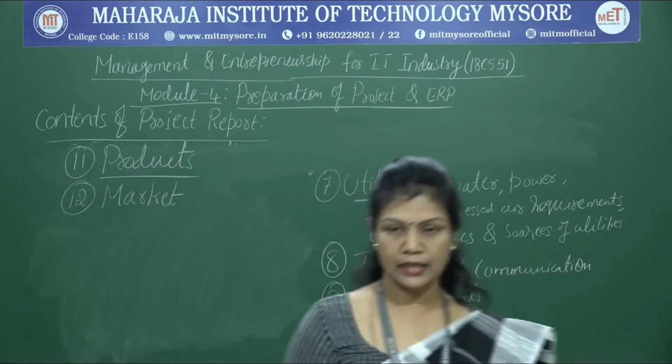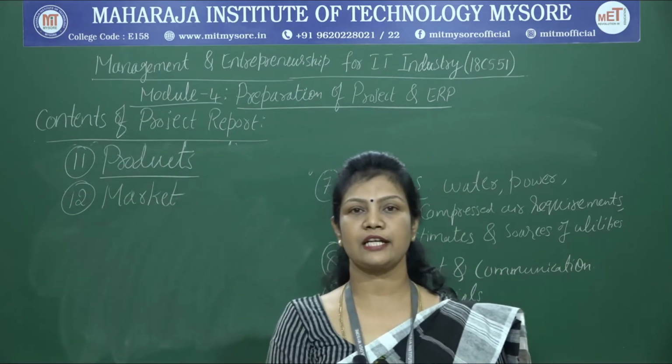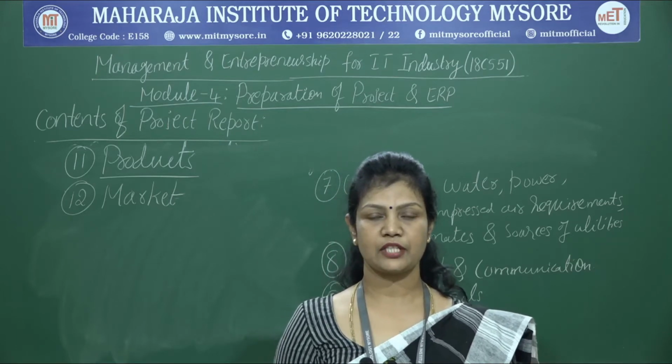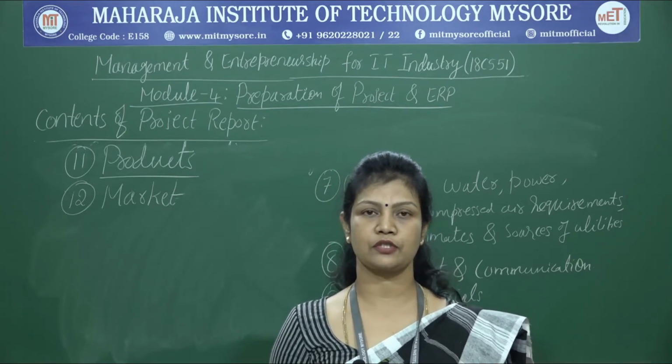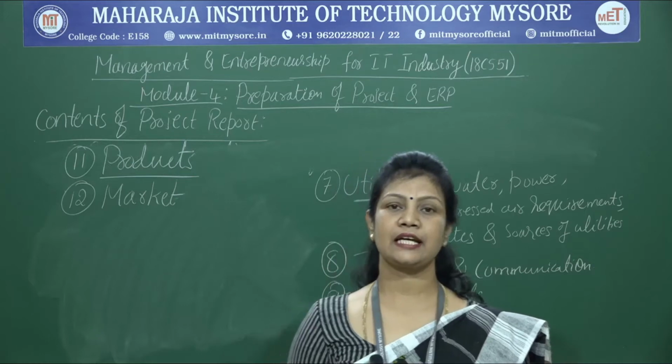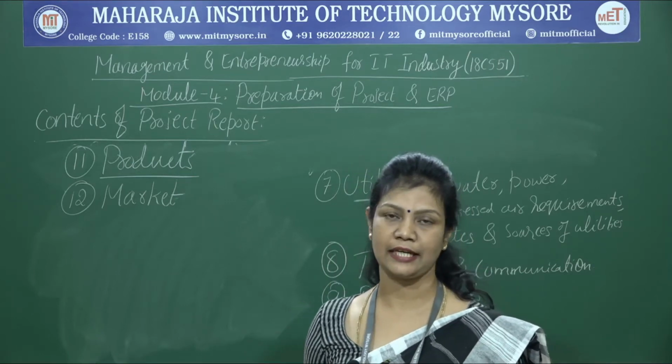So what is this market all about? When the product has been developed by the manufacturer or the organization who is going to generate the different types of products, it has to sell its product to the end user.